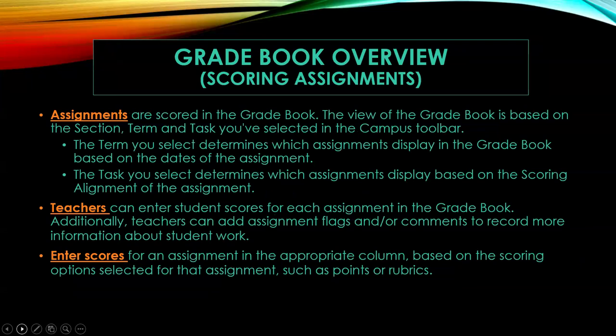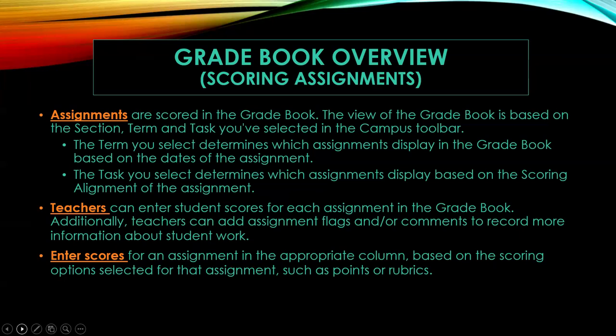So our assignments are scored in the grade book. The view of the grade book is based on the section, term, and task you selected in the campus toolbar. For every assignment, you have to pin it to a term, and for every term there is a date range. So if it's for term one, then that assignment has to be assigned within those dates.